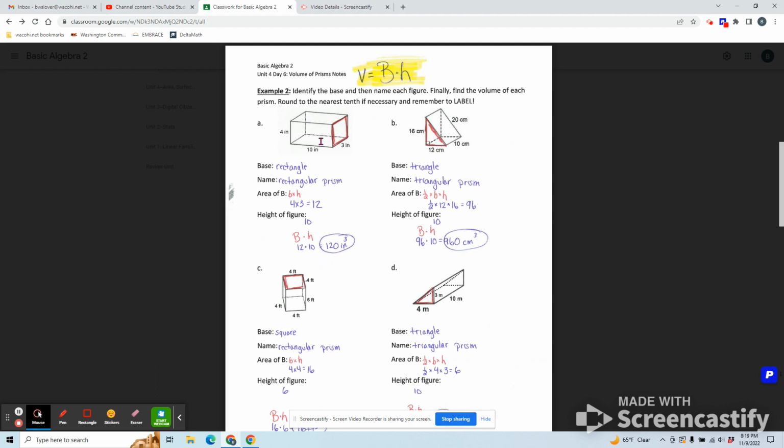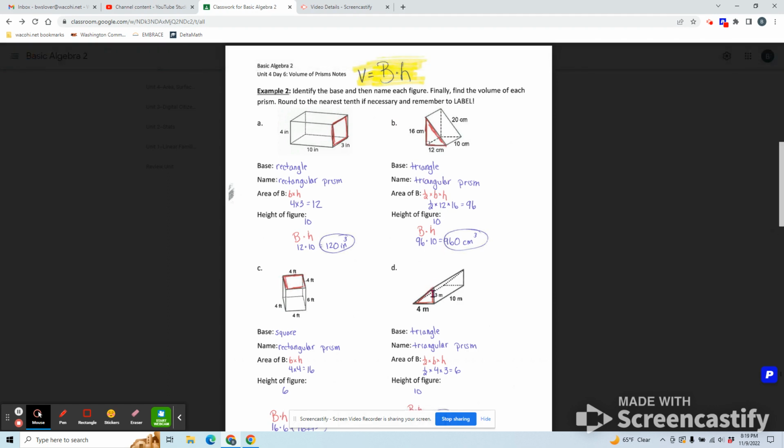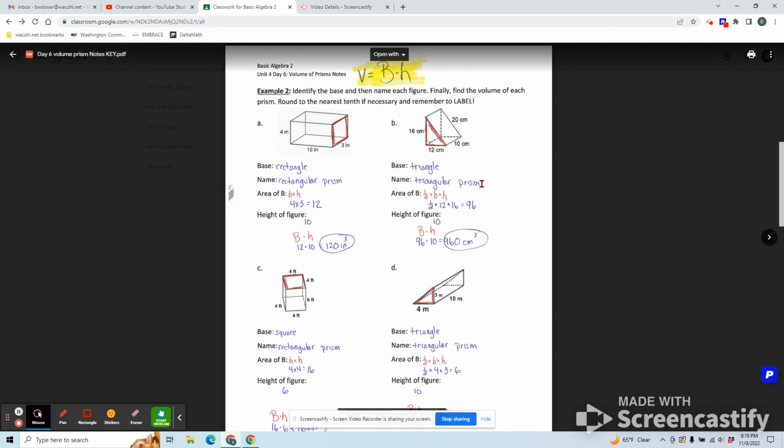Letter C is very similar. It's another rectangular prism, or a cube if you want. Well, it's actually not a cube because I have a side length of 6. So rectangular prism. Letter B, though, and D are both similar. So now for both of those, my base is a triangle. We got a 3-sided figure. That means that's going to be my base. It is a triangle. It's a triangular prism.